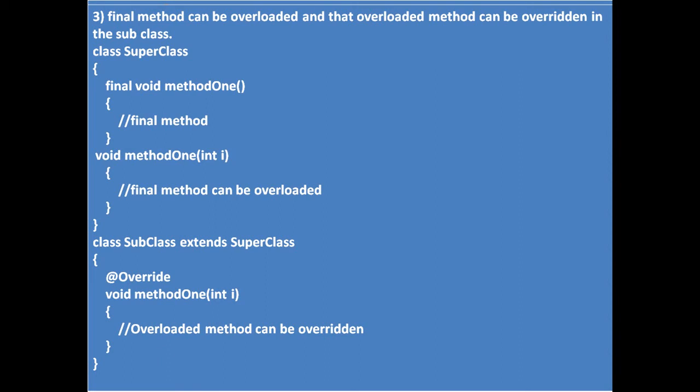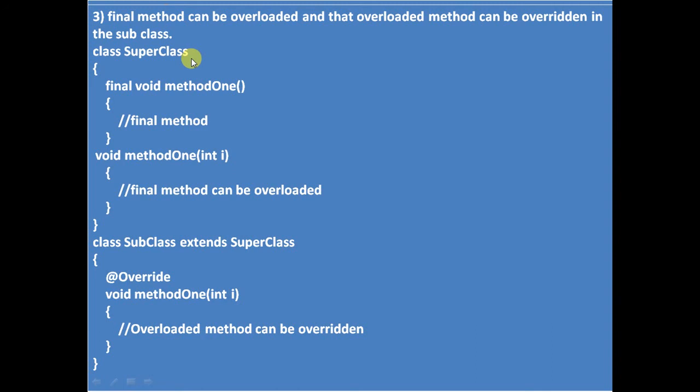But in the overloaded method, the parameters or arguments are always different. The method overloading concept we learn in inheritance in detail. So first, we can overload the final method.